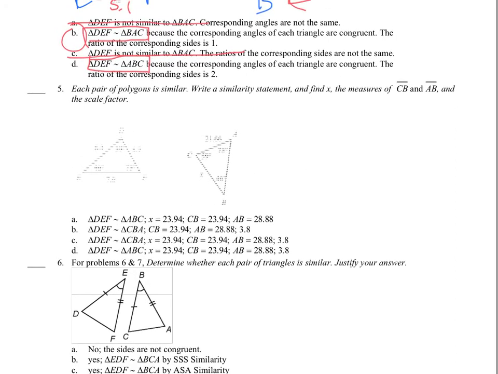Alright, another one that's hard to read. It says each pair of polygons is similar, write a similarity statement. So they are similar, and then we need to find the scale factor. So we would look at the angles, and I have 46 here, 75 here, and 59 here.